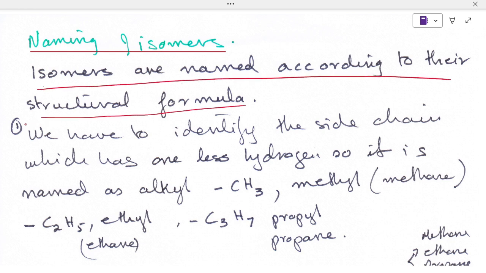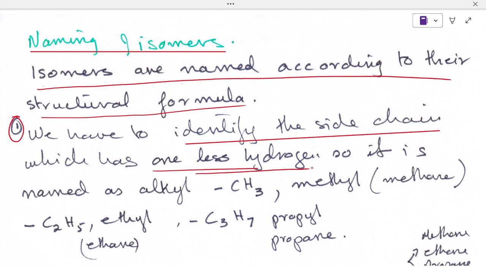Number 1, we have to identify the side chain, which has one less hydrogen. So it is named as alkyl, and it is dash CH3, 1 carbon, so methyl from methane, ethyl from ethane, propyl from propane.